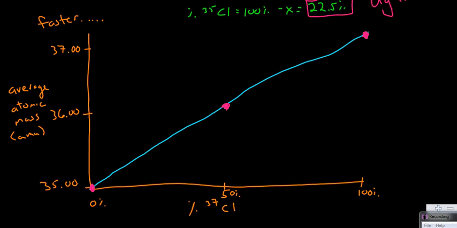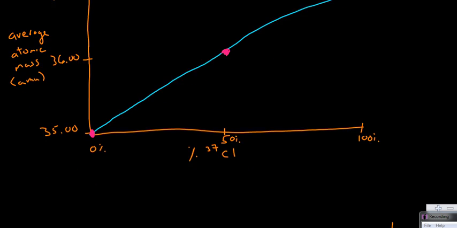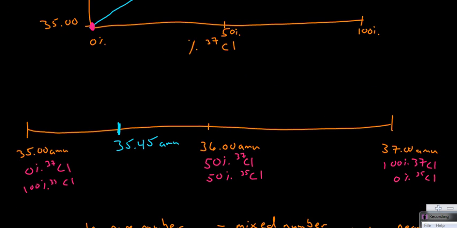Considering that it is a linear relationship, I usually like to think about a number line, kind of restating what we were just saying, but without drawing out all the graphs. You'll enjoy using these number lines later. We can see that the weighted average atomic mass we actually find to be 35.45 AMU.